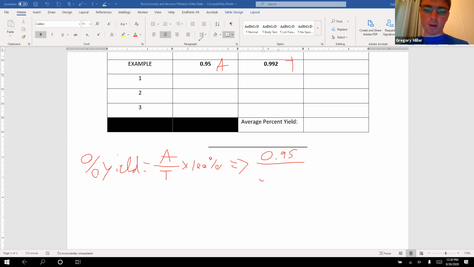So we'll get 0.95 over 0.992. Again, units and labels are still important because these have to be the same unit of the same chemical to cancel out correctly. So the only units left are your percent. We do that math.